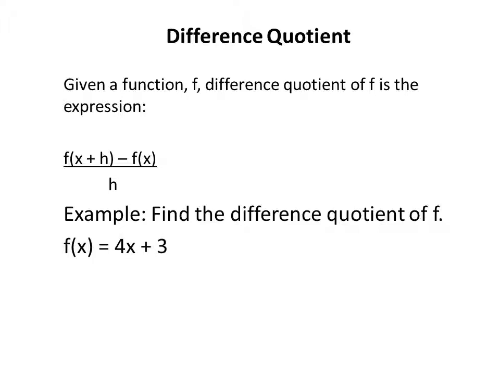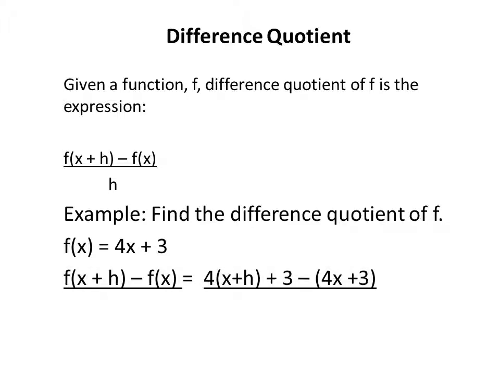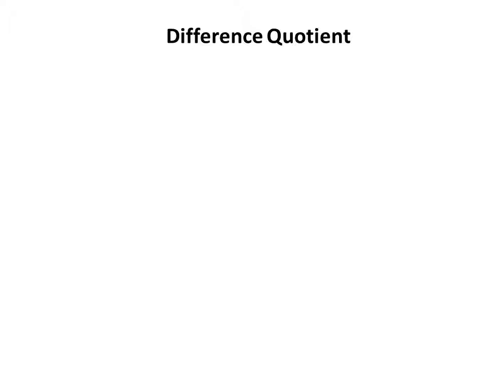So if you look at the last line where I have f of x plus h, in that function 4x plus 3, I'm replacing the x with x plus h, and then bring down the x, and then minus f of x into that difference quotient expression.